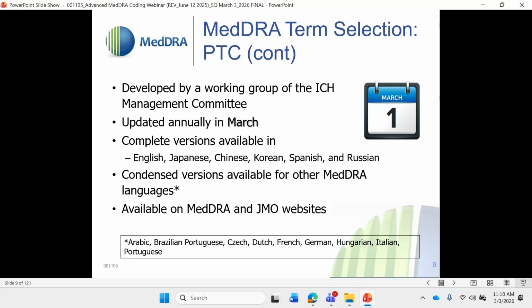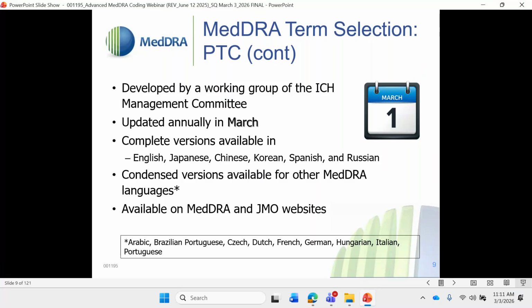As I said, it coincides with the complex MedDRA version release, which is also on March 1st. Complete versions of the document are available in these languages that are listed: English, Japanese, Chinese, Korean, Spanish, and Russian. For all of the other languages in which MedDRA is translated, you have a condensed version of this document.